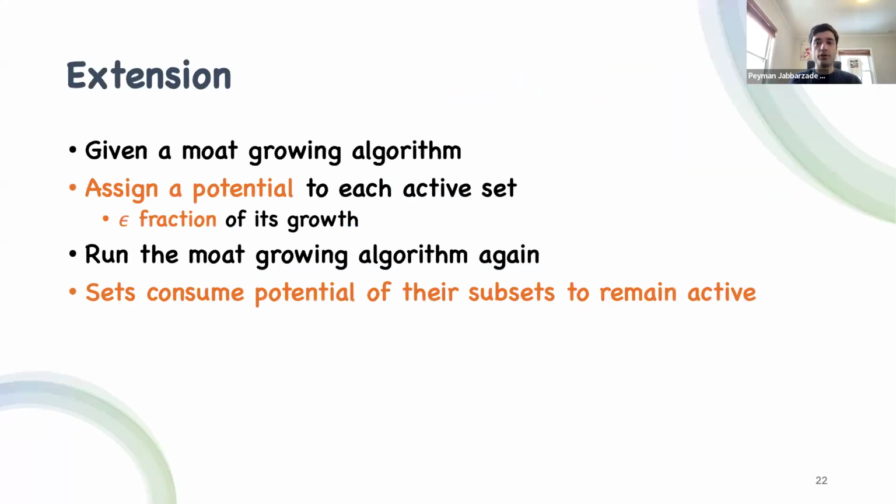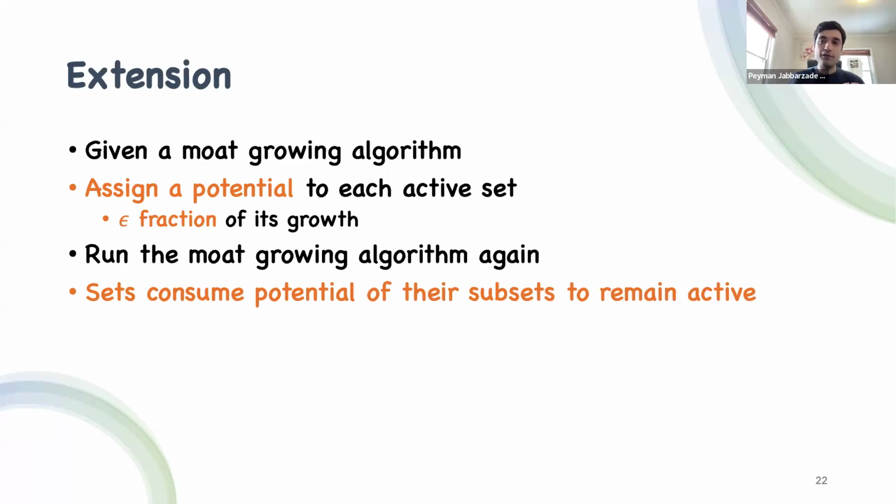It's a very simple approach. We have this moat growing algorithm, and each active set has a growth duration. We now assign a potential to each active set equal to epsilon times its growth duration, and then we run the moat growing algorithm again.